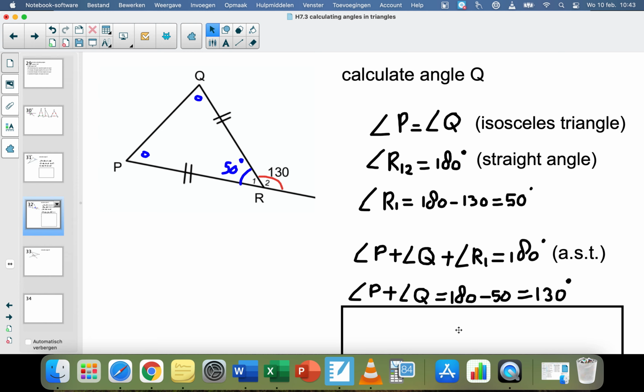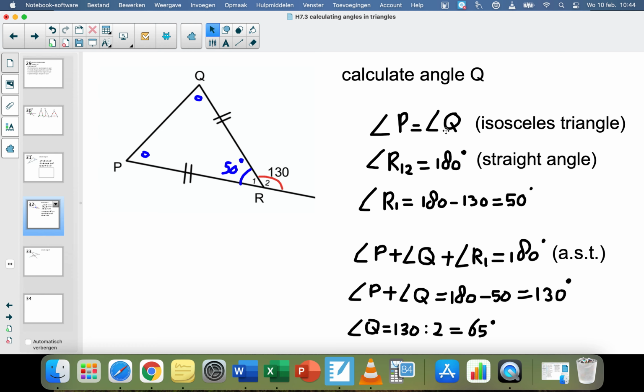Angle R1 is 50, we just calculated it, so P and Q together are what's left to make 180, so that's 130. And then we can use that P and Q are the same, that's why we started with that.